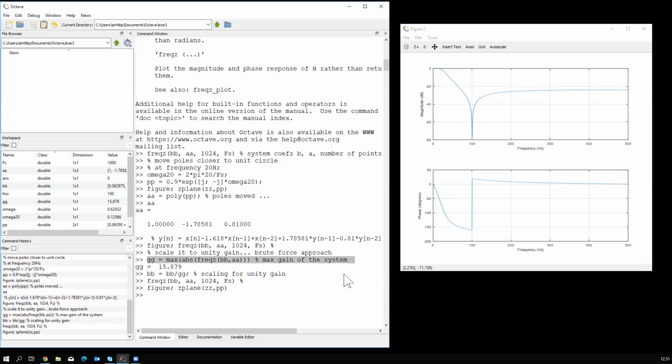Okay, so those were the frequency response, and then it also had the zeros and poles.